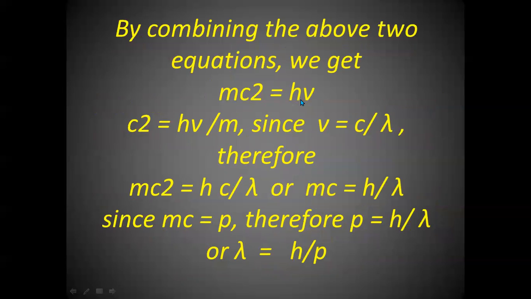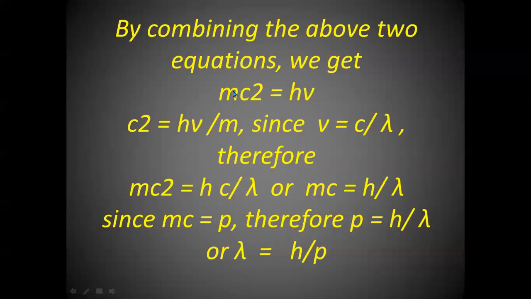So mc square is equal to h nu. But you should remember that nu is equal to c by lambda. Where does this come from? You should recall that velocity of light is equal to frequency into wavelength. With the help of that equation, we can convert this in terms of frequency. So frequency is equal to velocity by wavelength.